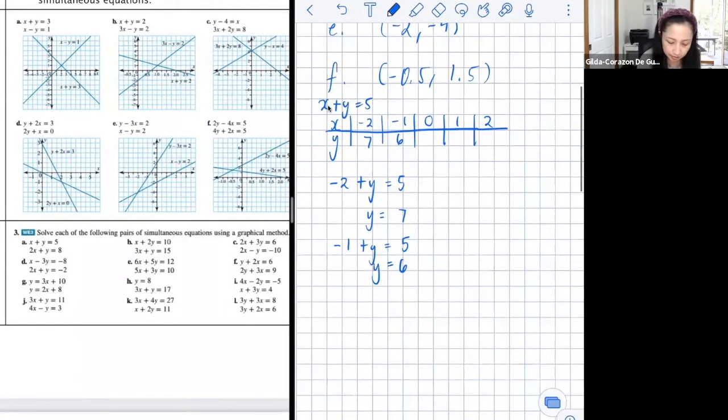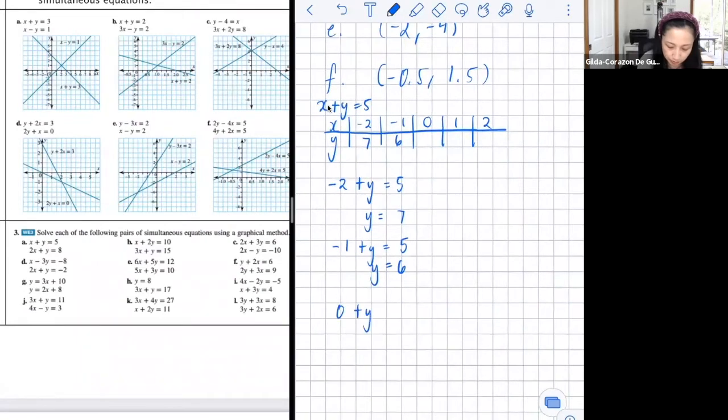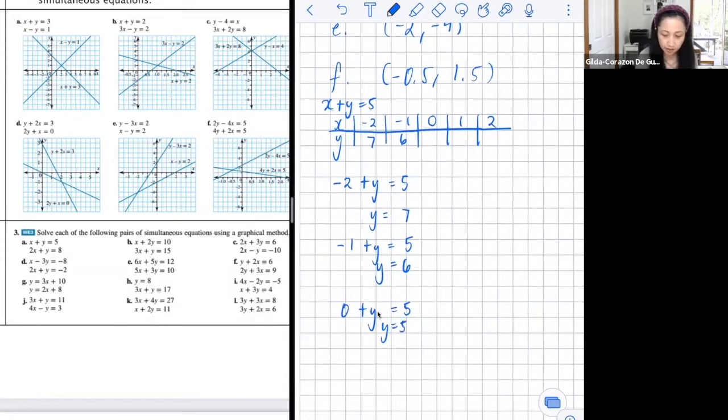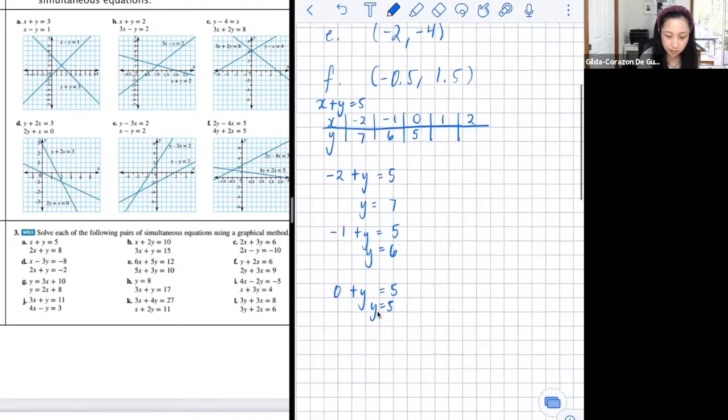We write 0 plus y equals 5. If we added that number to 0 and get 5, then that number must be 5. And you might guess that the next one would be 4, and then 3, because when x goes down by 1, y also goes down by 1.